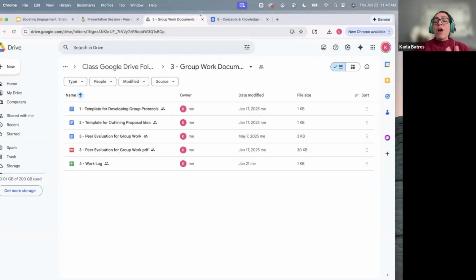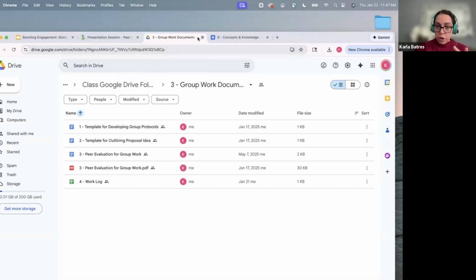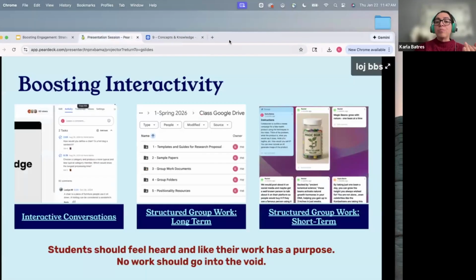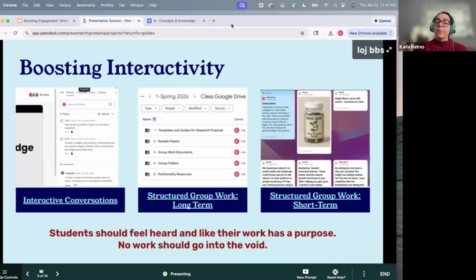Now, I like the long-term structured group work because one, students have experience working with a variety of personalities over a period of time to produce an outcome of some kind, right? But I feel like, and I've had students tell me that they have made lifelong friends with people that they have met working in groups in my classes.